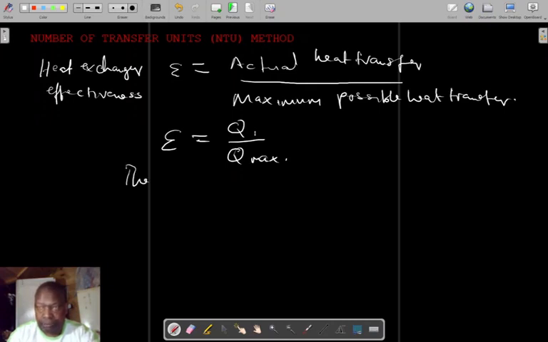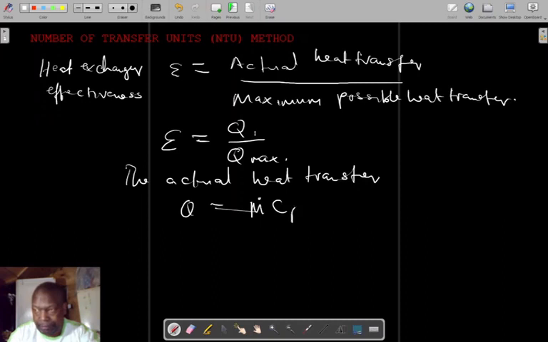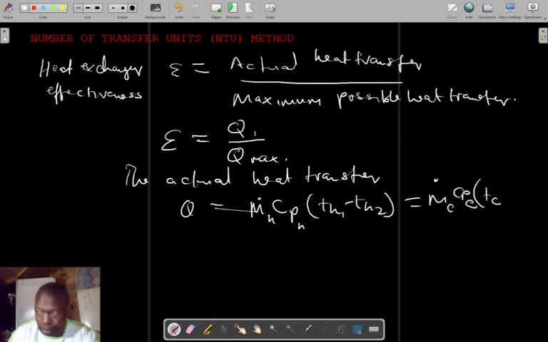Now the actual heat transfer Q is equal to m dot Cp (Th1 minus Th2), which is equal to m dot c Cpc (Tc2 minus Tc1).